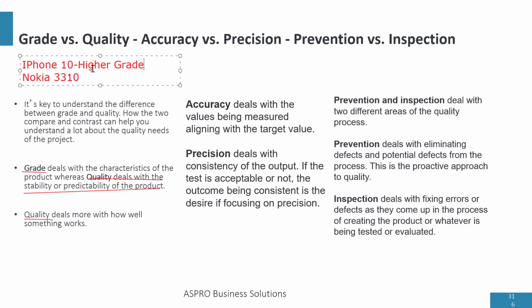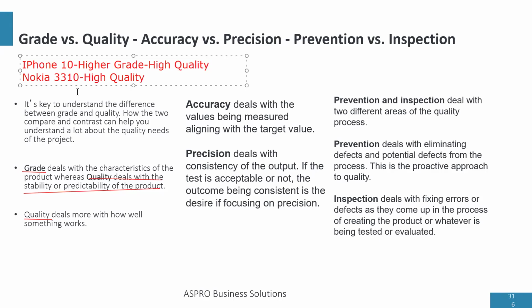So when we're talking about grade, it's based on the characteristics of the product, and iPhone 10 is more superior in terms of grade. But quality talks about how well the phone works. So here we're going to say they're both of high quality, which means even though Nokia 3310 is of a lower grade, it works so well for what it was made for, right?